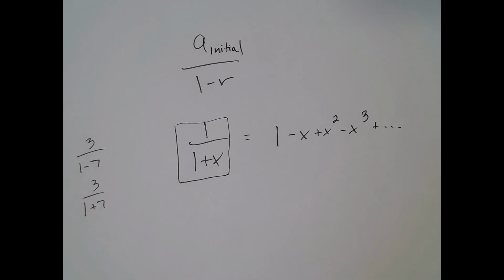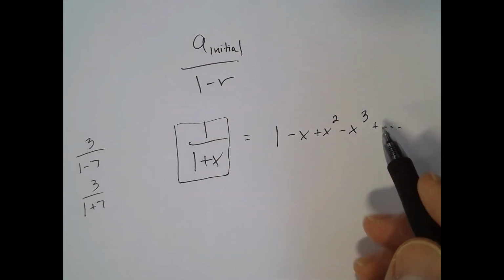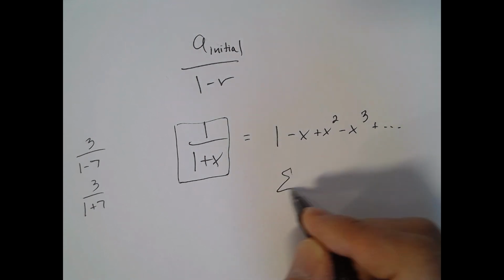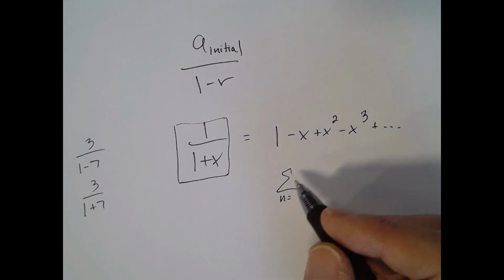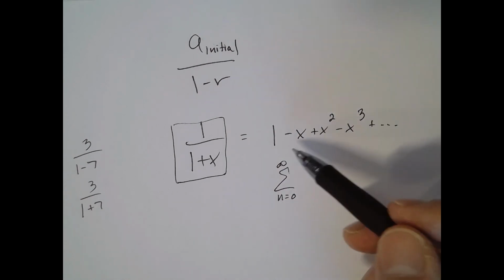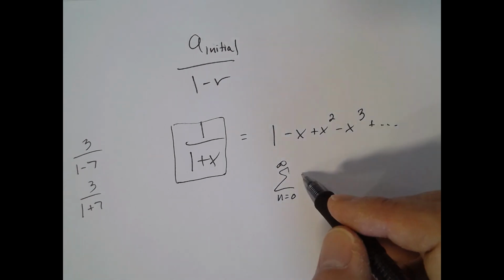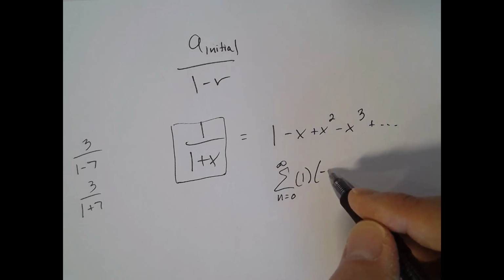Okay, so we could write that out. That is an answer. If I wanted to write it in sigma notation, we could start at 0, we could start at 1. I'm going to start at 0, and we're going to go to infinity. So my initial is 1, my multiplier, my r, is negative x.